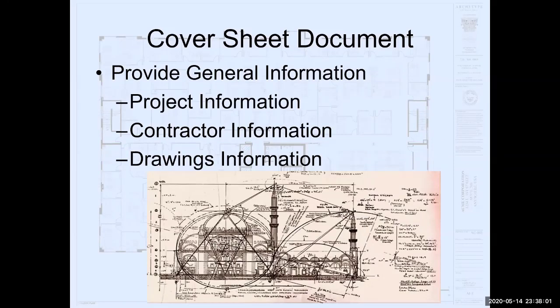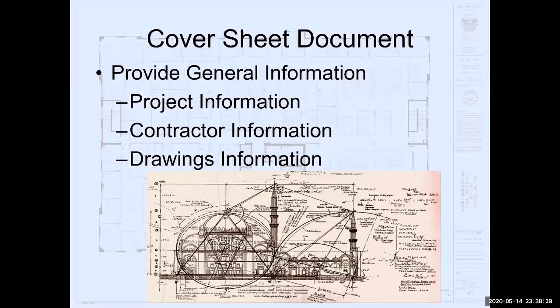Well, we're trying to provide that project information that is important for the contractor, is important for the building department, and serves to provide enough information about the drawings and the content within your construction drawings to allow people to understand the way they're going to be organized and the way you're going to present them.